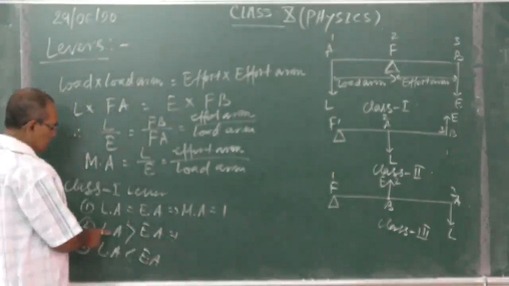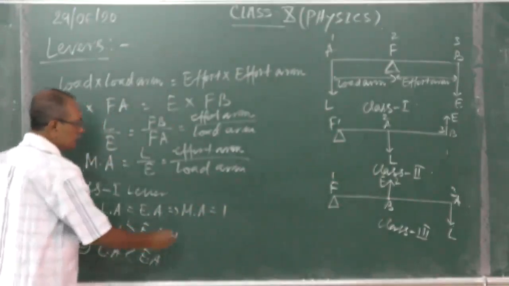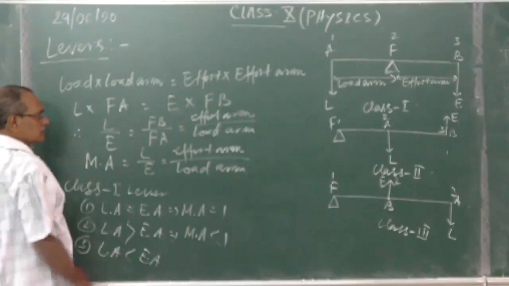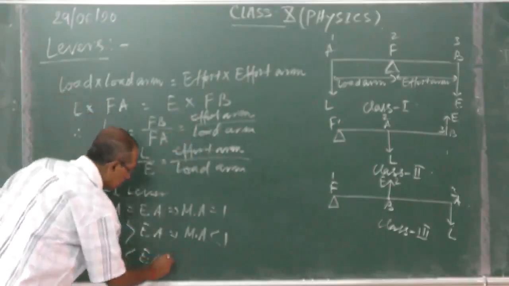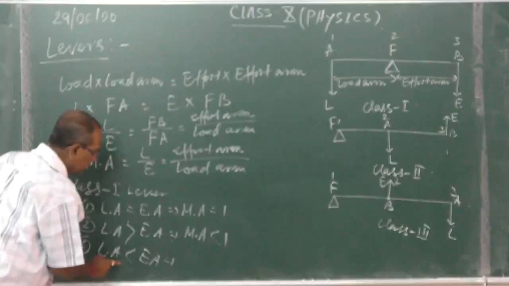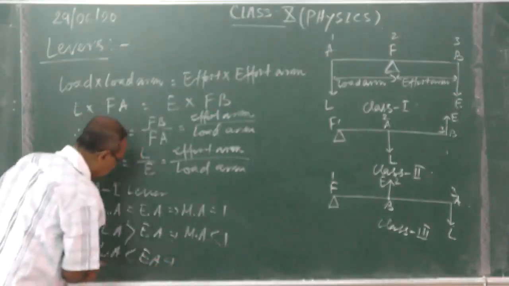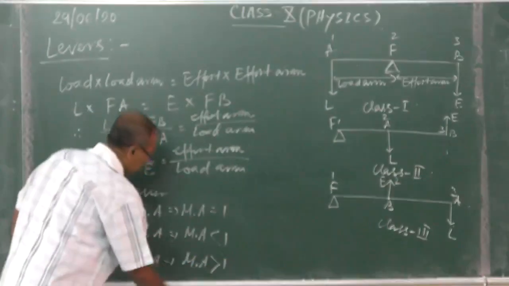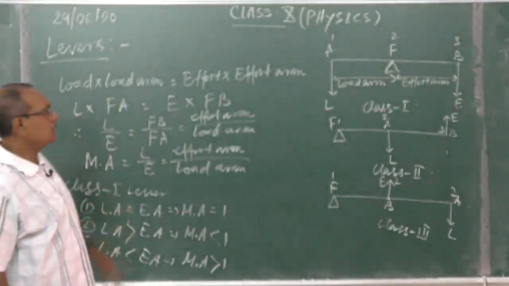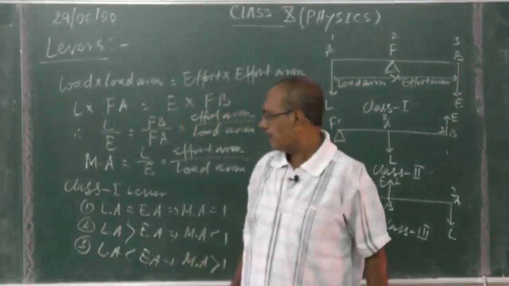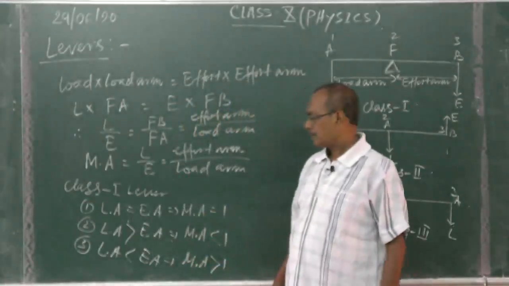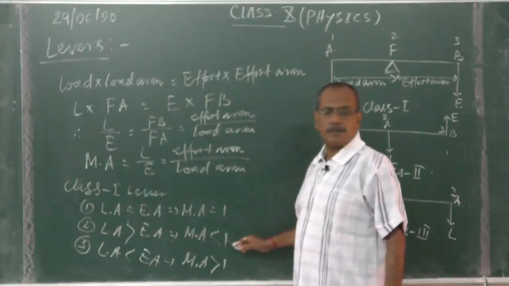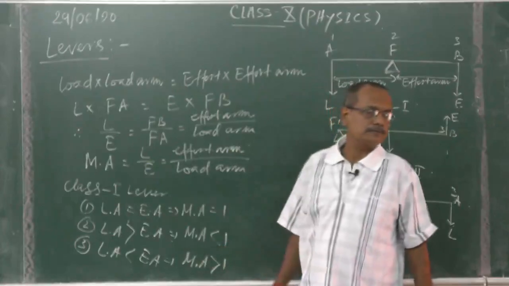When load arm is greater than effort arm, mechanical advantage is less than 1. When load arm is less than effort arm, mechanical advantage is greater than 1. So for class 1 lever, mechanical advantage will be equal to 1, less than 1, or greater than 1, any one.